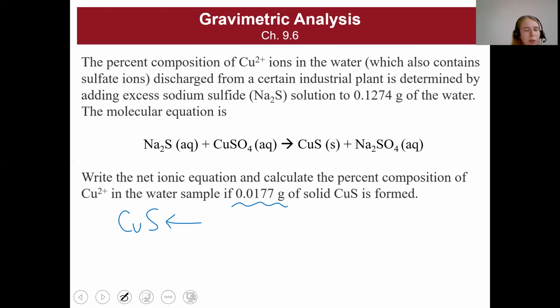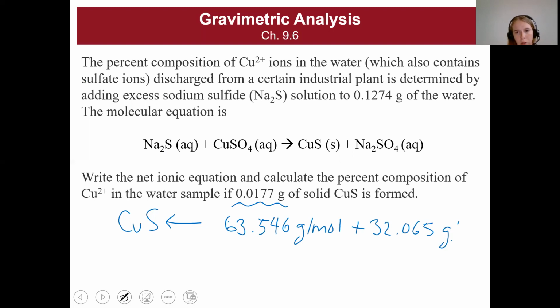So our molar masses are 63.546 grams per mole from copper and 32.065 grams per mole from sulfur. And if we want our percent composition, there's just one of each. There's no subscripts.